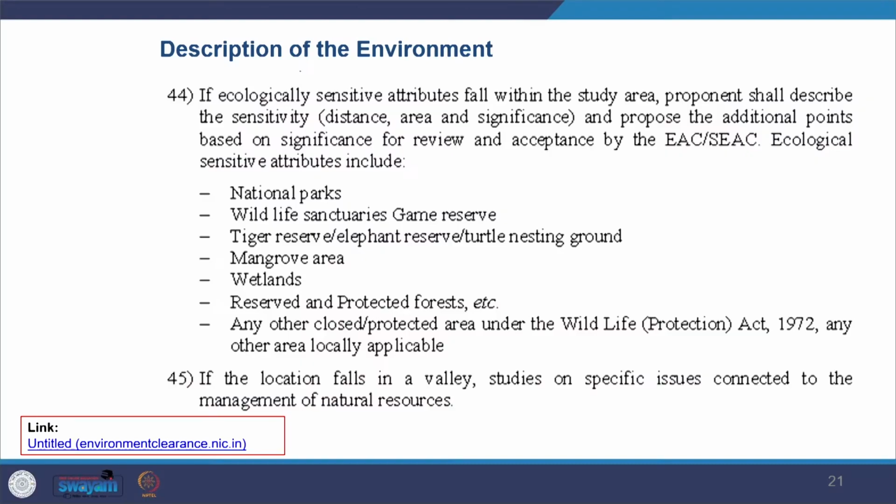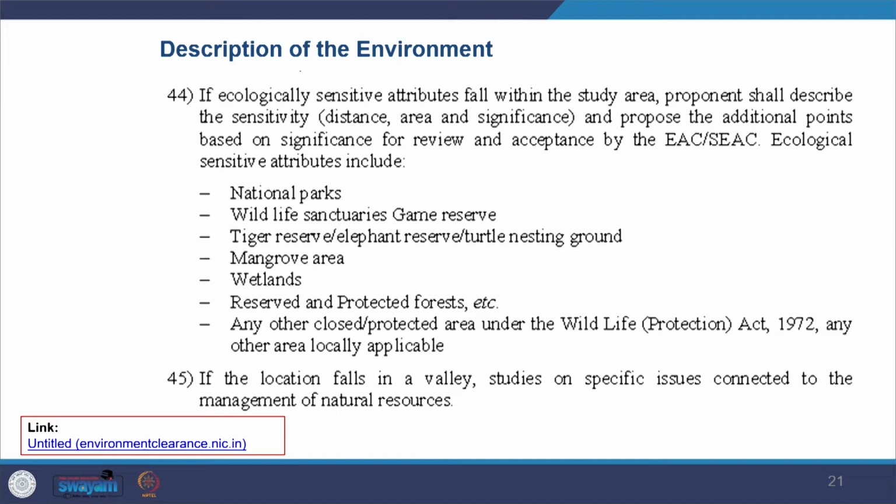And when we say sensitivity of the area under study, you have sensitivity in terms of how far it is from certain ecologically sensitive areas, how large the area is, what the significance of that area is, how important it is to the community, to the nation, and for the entire system you're studying. So how do you find out ecologically sensitive areas?